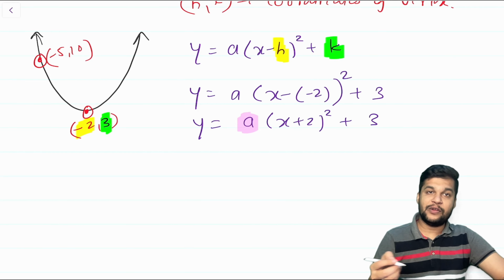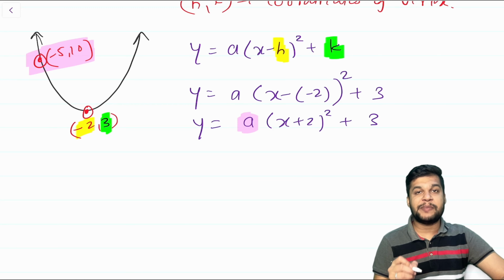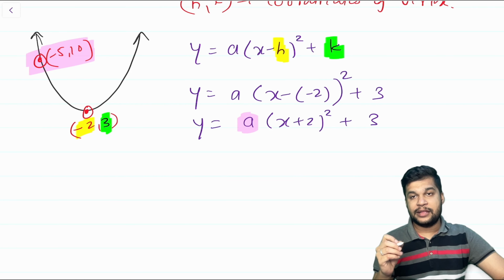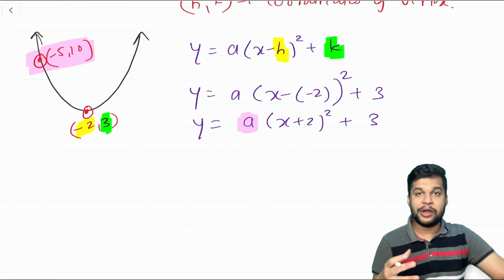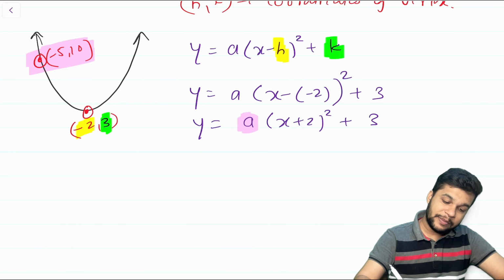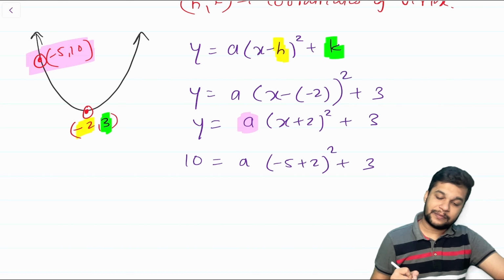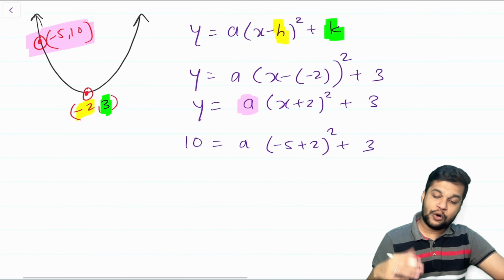So how do I find the value of a? We have one more information, and the information is that the curve is passing through minus 5 comma 10. So let us substitute this point in the function and let's get the value of a. So it will be 10 equal to a times minus 5 plus 2 whole square plus 3. Okay, so how do I solve it?